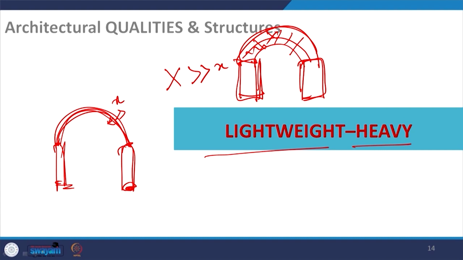So, this will make it literally heavy, or if you create more detail into it, add some elements, that will make it very heavy, visually heavy, whereas the other is very simple, sleek and considerably lightweight.